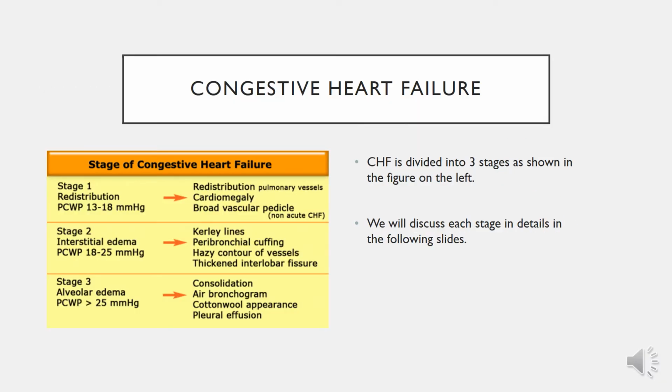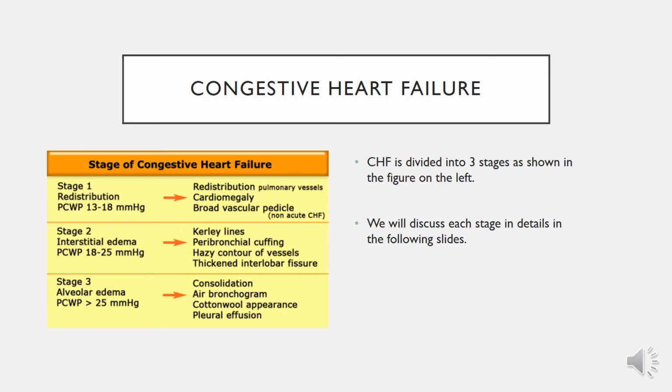Congestive heart failure is divided into 3 stages, as shown in the figure on the left. For the first stage, there will be redistribution, and the pulmonary capillary wedge pressure will be from 13 to 18 mmHg.